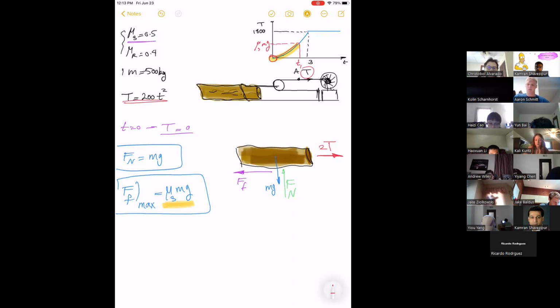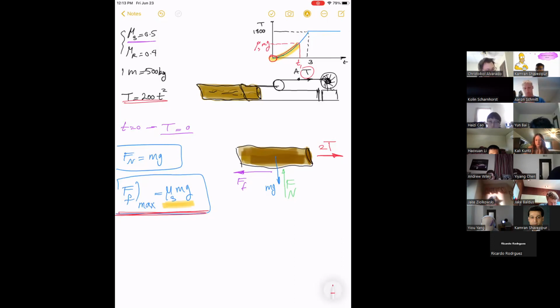So this is the physics, right? You have an increasing force. That force increases and increases until you make the log move. After that, the log moves and increases its speed.